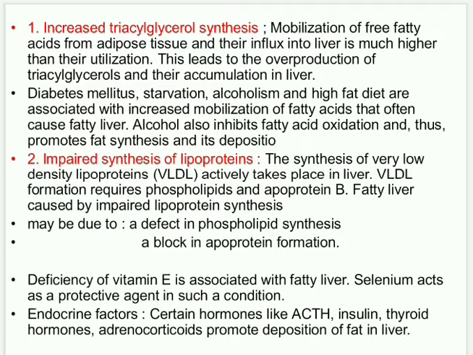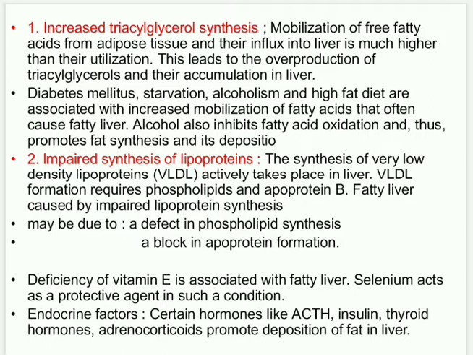Deficiency of vitamin E is also associated with fatty liver. Selenium also acts as a protective agent in such conditions.